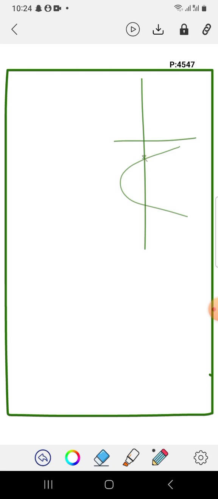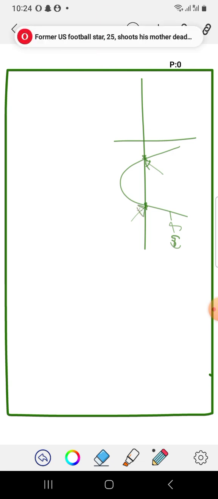You expect a root here and a root here. So you would expect two roots. You can't even find one normally, so you are even lucky to have this technique to find one.